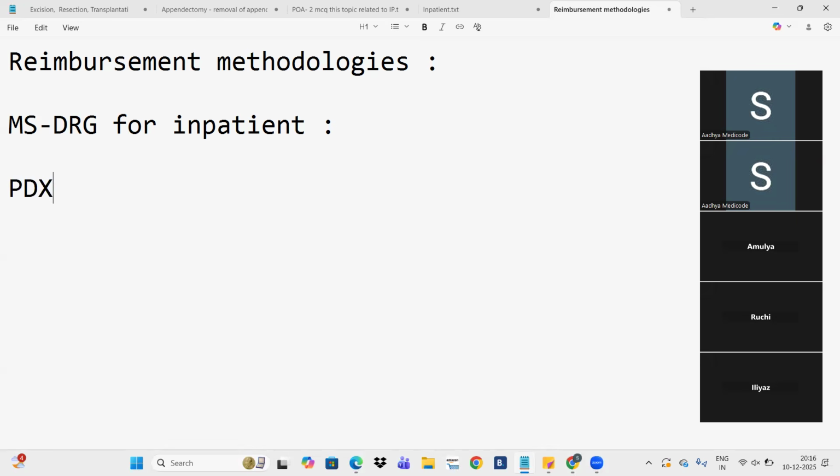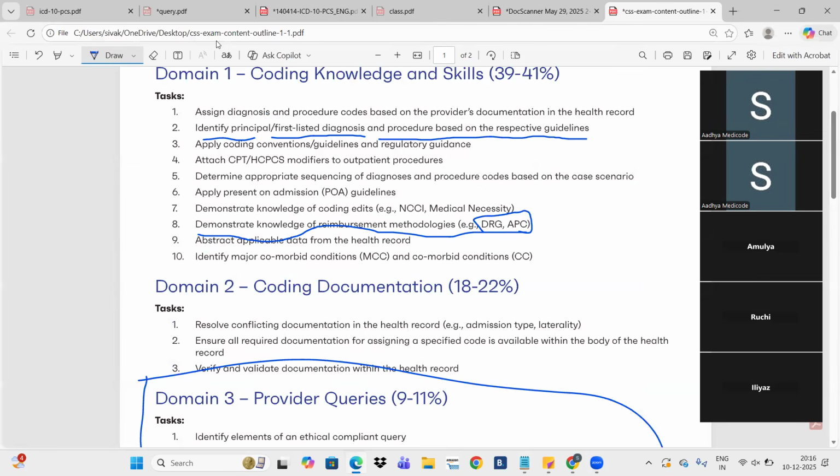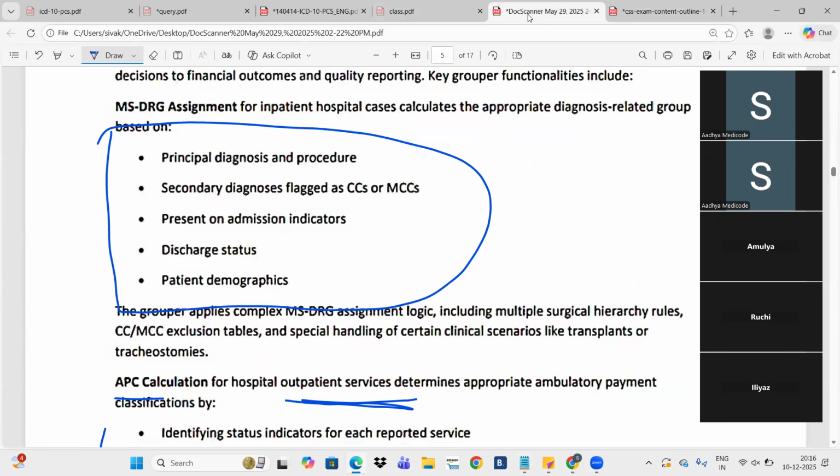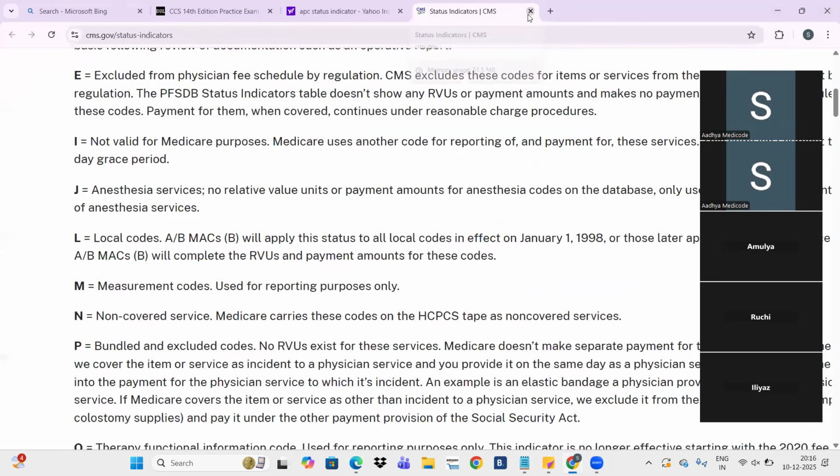In short form, PDX means principal diagnosis. Principal diagnosis or first listed, PDX for short. So how will you get the question, and how do we identify the PDX? Suppose this is your question.